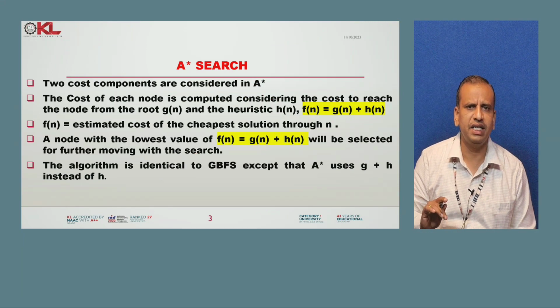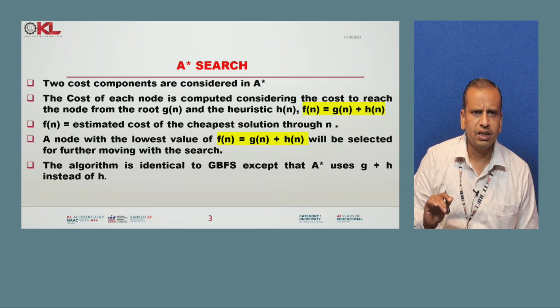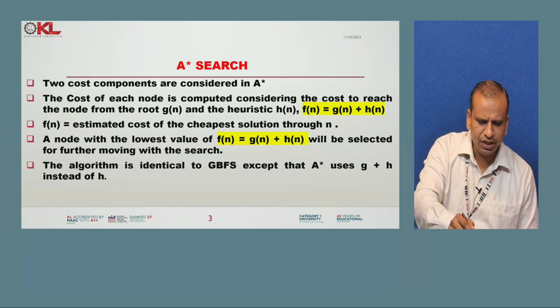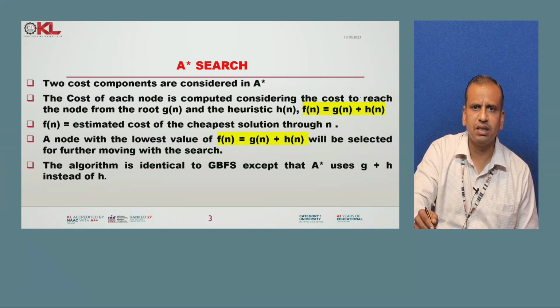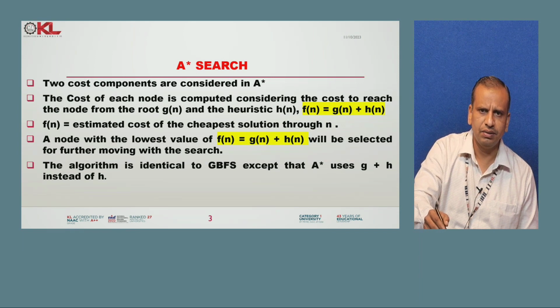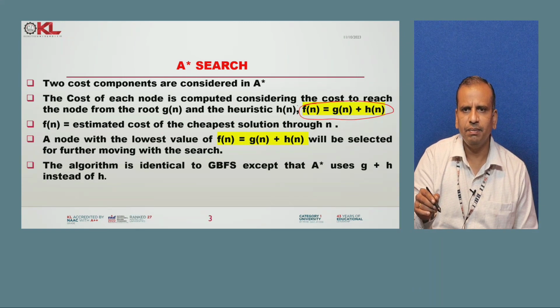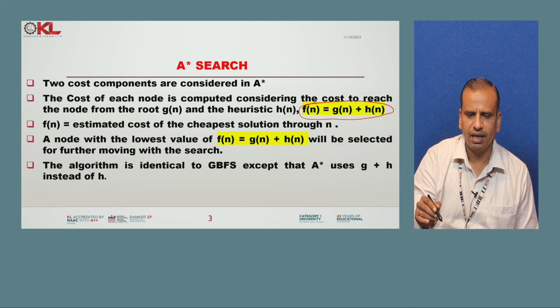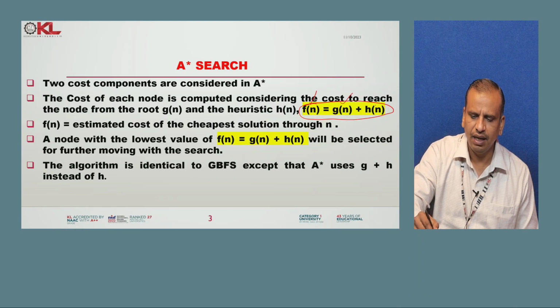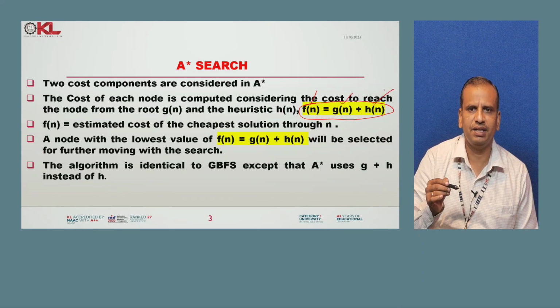Right, what is A star? Two cost components are considered in A star. The cost of each node computed consists of the cost to reach the node from the root, g of n, and the heuristic h of n, so f of n is equal to g of n plus h of n. The function value depends on g of n and the heuristic function value.